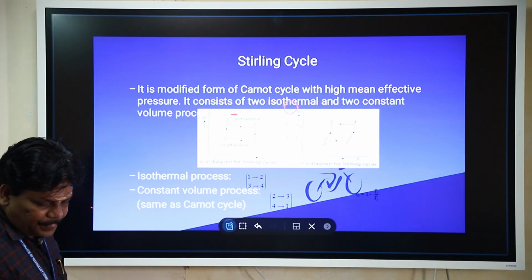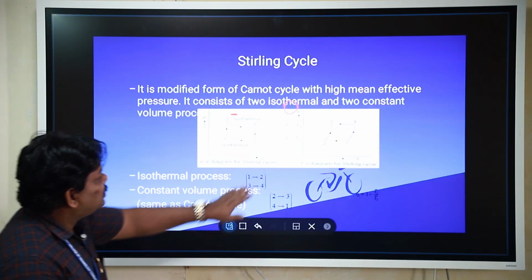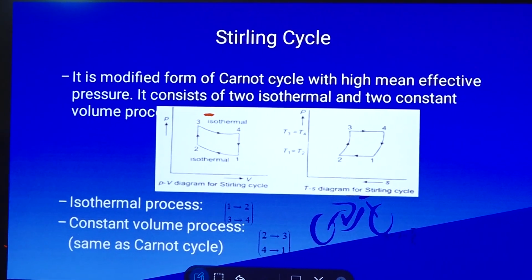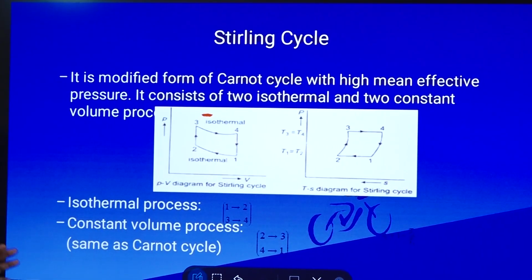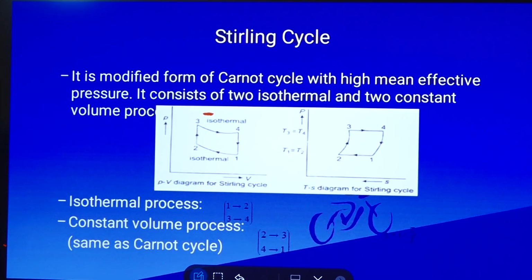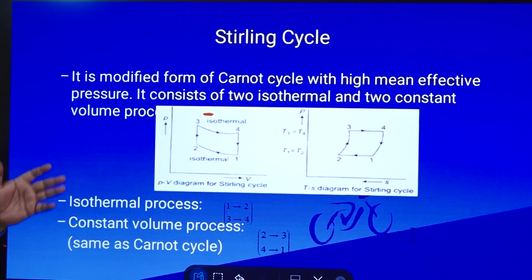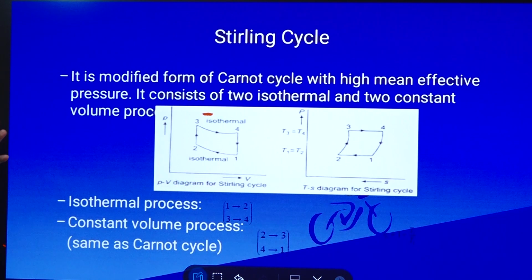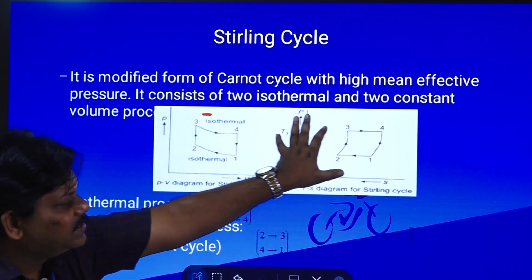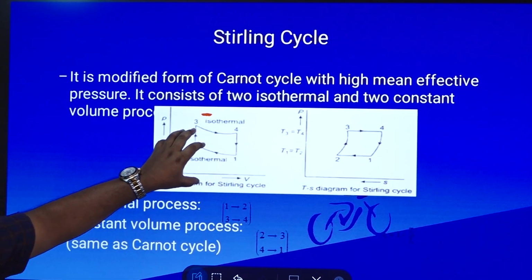Now, you should know the concepts of the PV and TS diagram of the Stirling cycle, because in the GATE exam you may sometimes get questions related to its PV and TS diagram. If you go for Otto, diesel, dual, then Brayton, Stirling and Ericsson cycles, you may get match the following questions. In those cases, you have to know the PV and TS diagrams and what processes are involved.